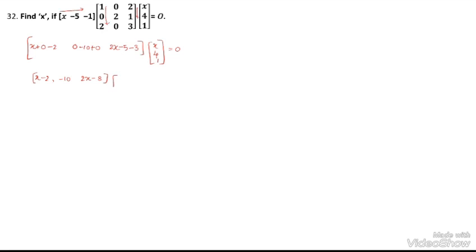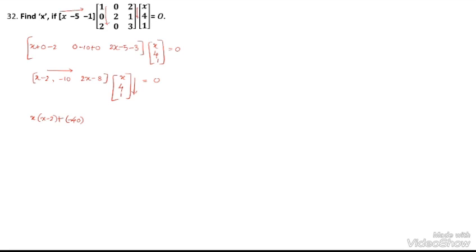Then again there is a matrix left here. In a similar manner, again taking row by column, you will get the x value. Taking x minus 2 into x. Here x into x minus 2 plus minus 10 into 4, minus 40.